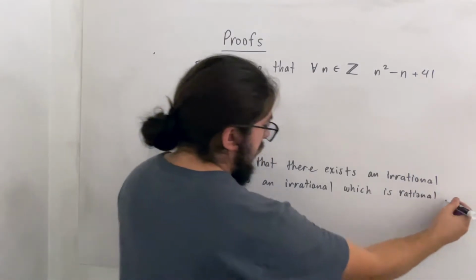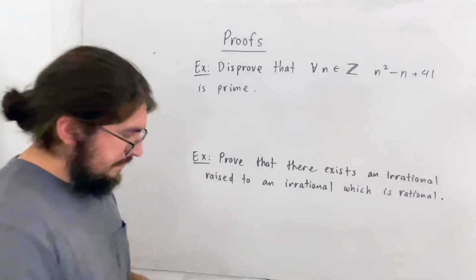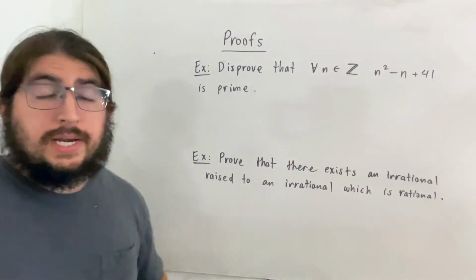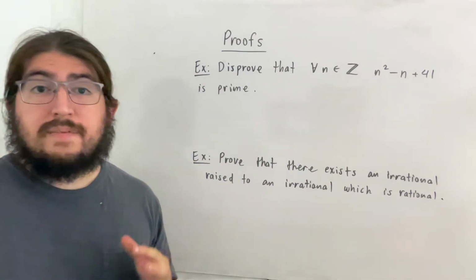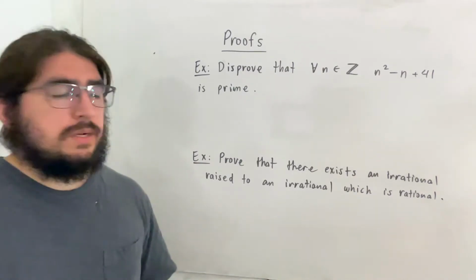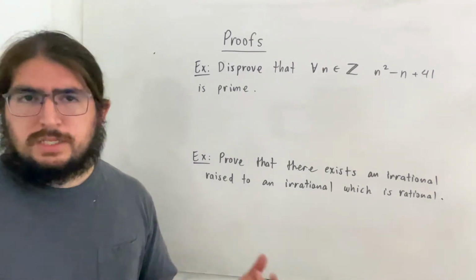So I'm writing this down on the fly here, and the way I worded this is kind of strange. I basically want to see what happens when you have an irrational raised to another irrational. Is it possible the result is rational?